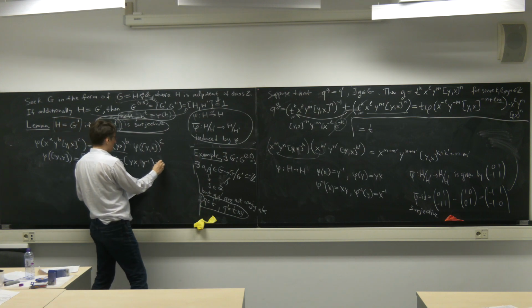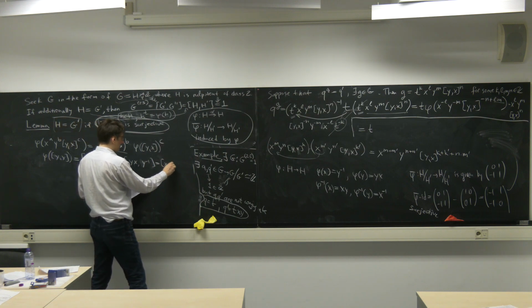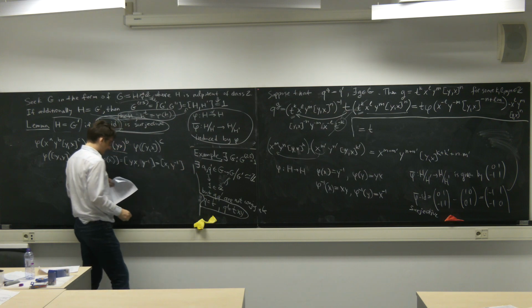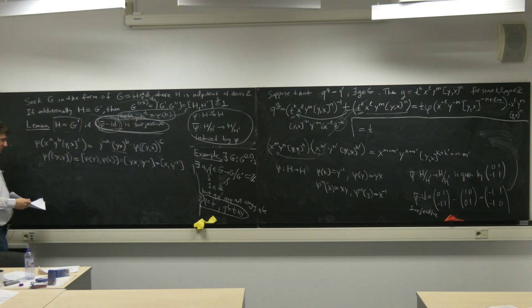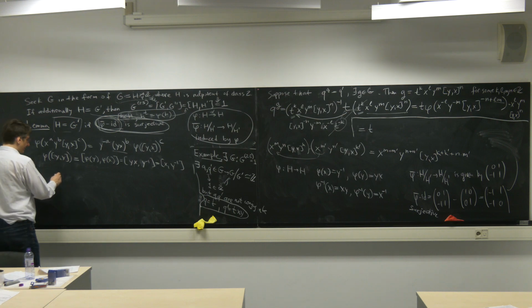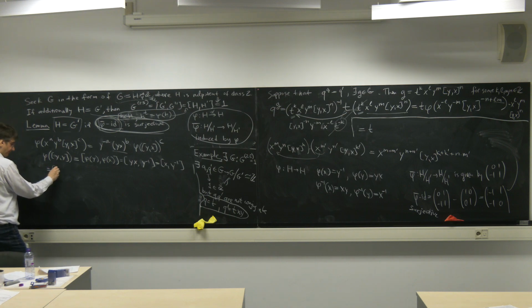And this is the same as the commutator of x and y inverse. You can check this using the commutator identities, and this is the same as the commutator of yx to the power of y inverse. And again you can check this.